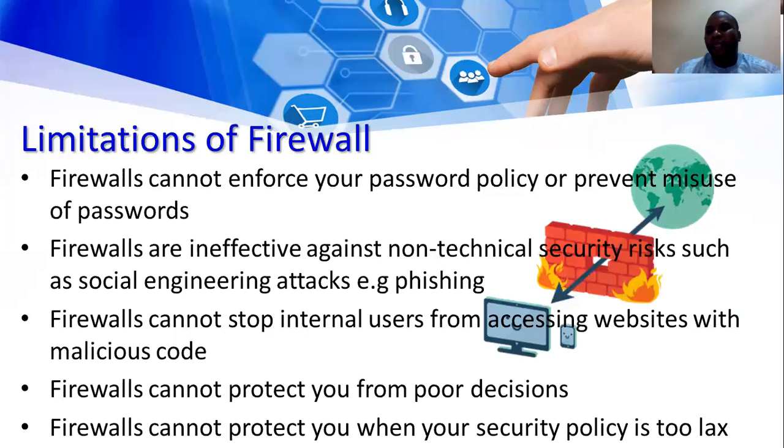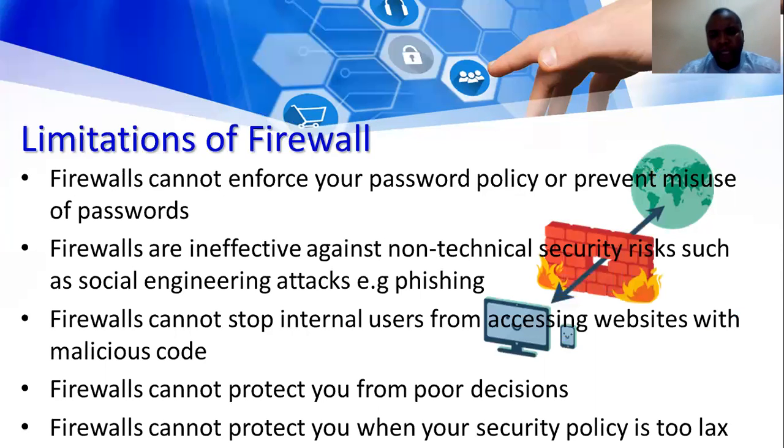Meanwhile, this web address is a phishing link that takes you to a malicious page. A firewall will not prevent this kind of attack. Firewalls cannot stop internal users from accessing websites with malicious code because it doesn't deal with that.